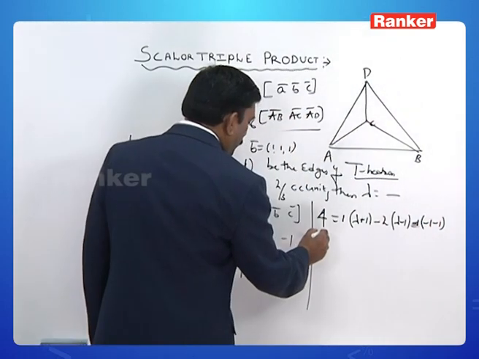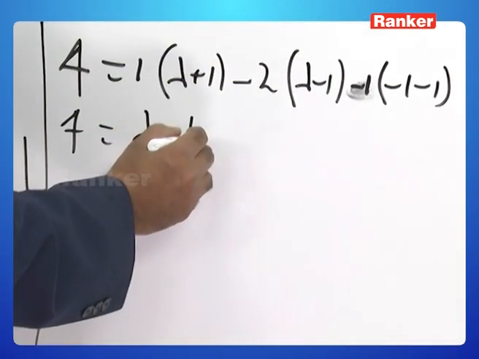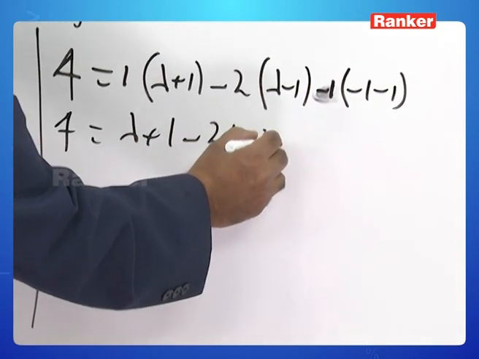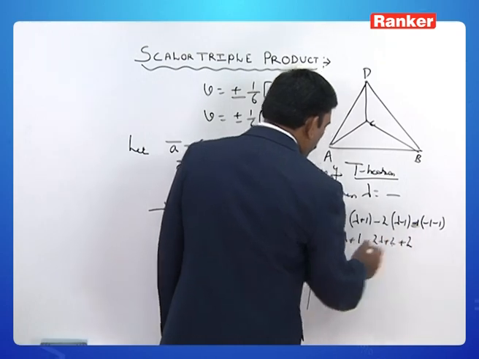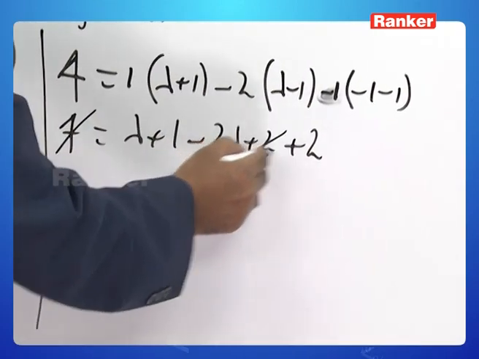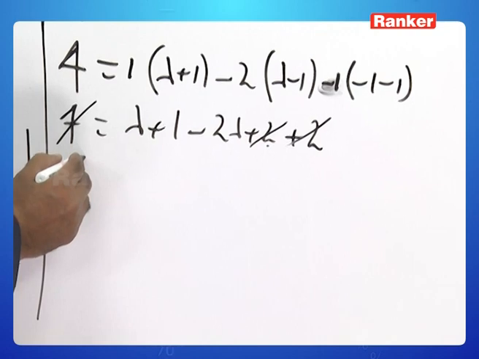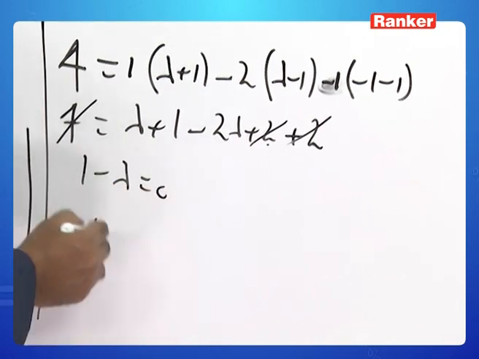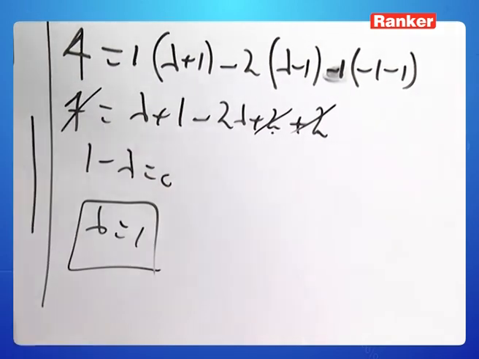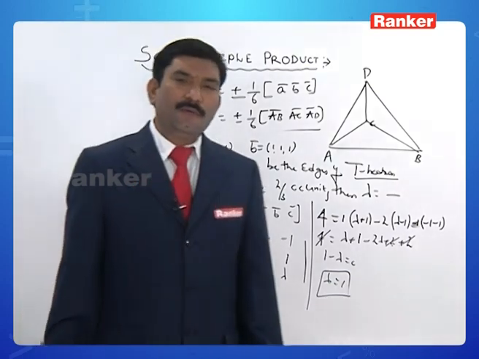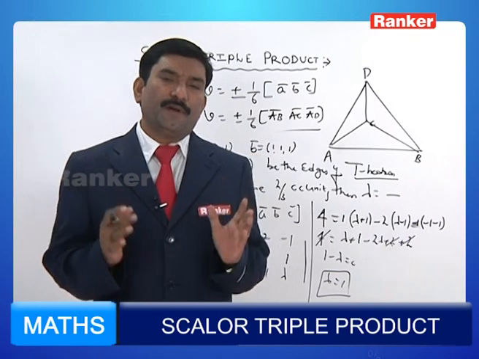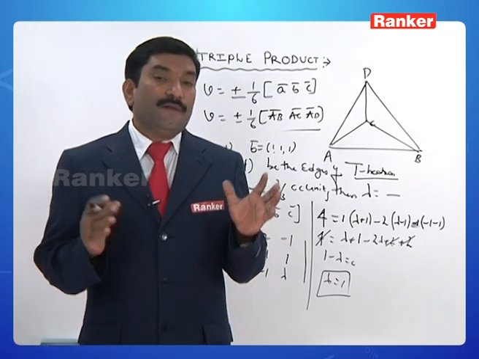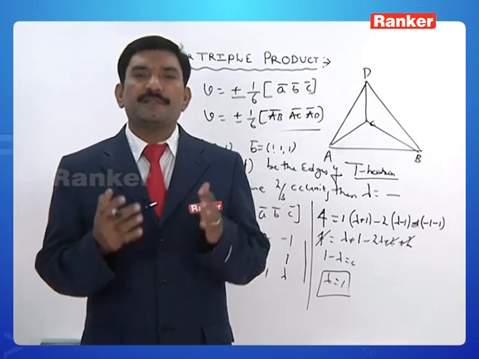So 4 is equal to lambda plus 1, minus 2 lambda plus 2, plus 2. Now this is nothing but 2 plus 2, 4. This also 4, and this and this go. So therefore, 1 minus lambda is equal to 0. Therefore, lambda is equal to 1. We got it. This is how you can find the unknown lambda with the help of the volume of a tetrahedron formed by A bar, B bar, C bar.